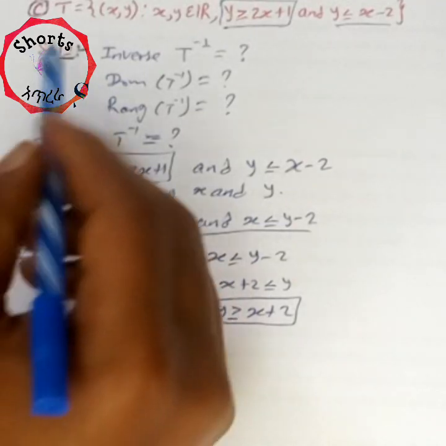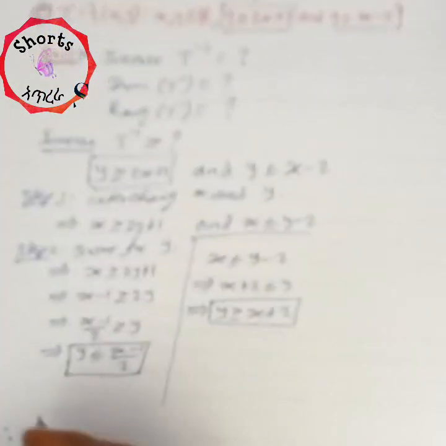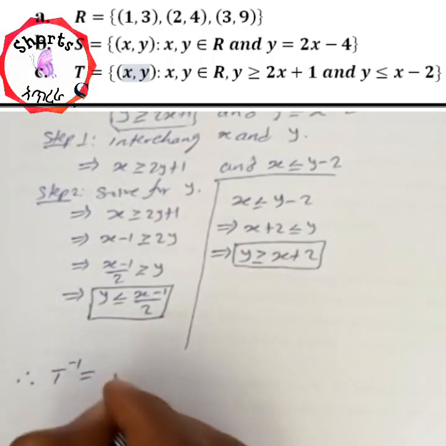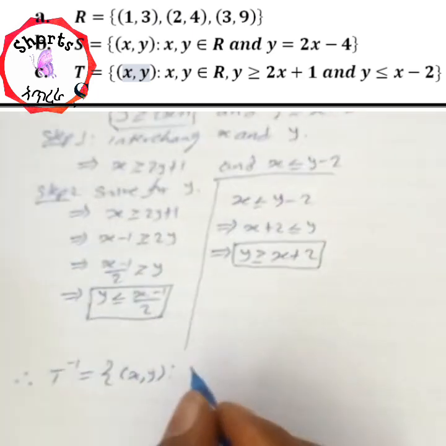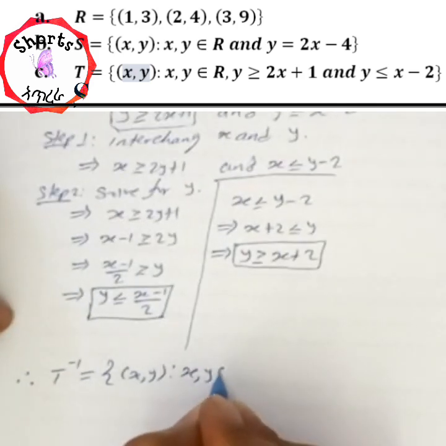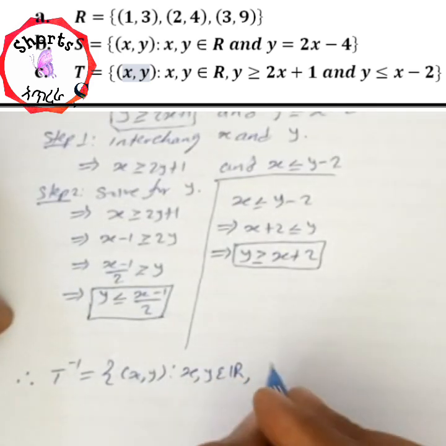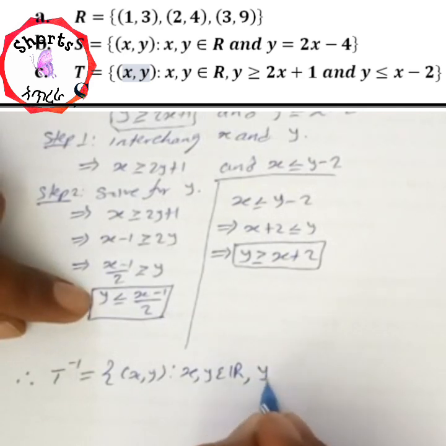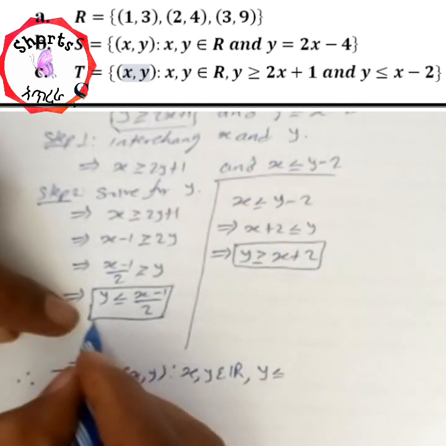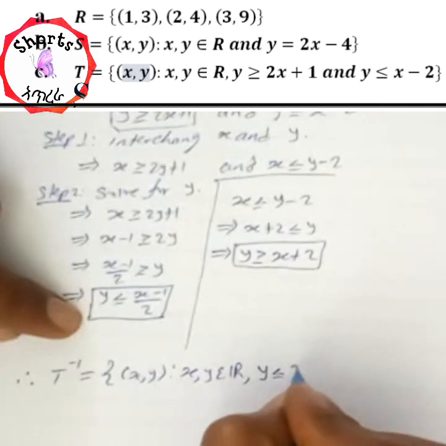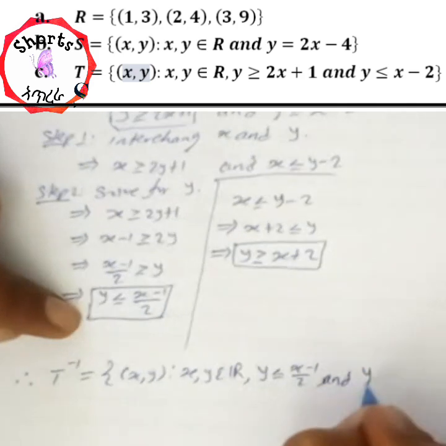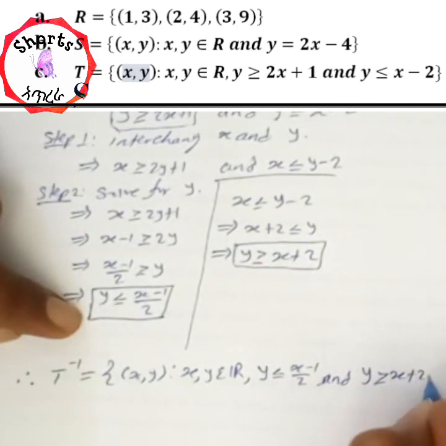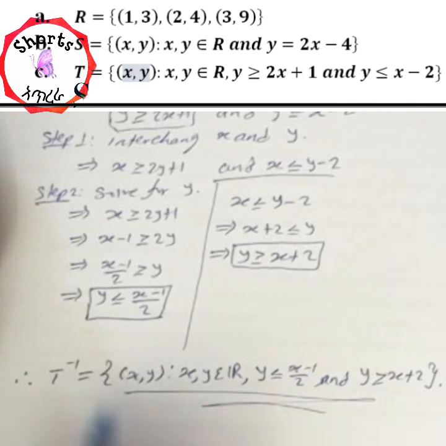Therefore, for the given relation, T inverse is equal to (x, y), such that x and y are real numbers, with y less than or equal to (x minus 1) over 2 and y greater than or equal to x plus 2. This is the inverse of the given relation T.